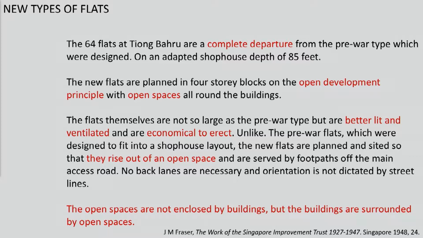The blocks are planned in 4 stories, not very deep blocks like those in the past, but they are better lit and better ventilated and more economical to erect, because this is post-war and they needed the money to erect this. They were designed to fit into this layout, but rising out of an open space.